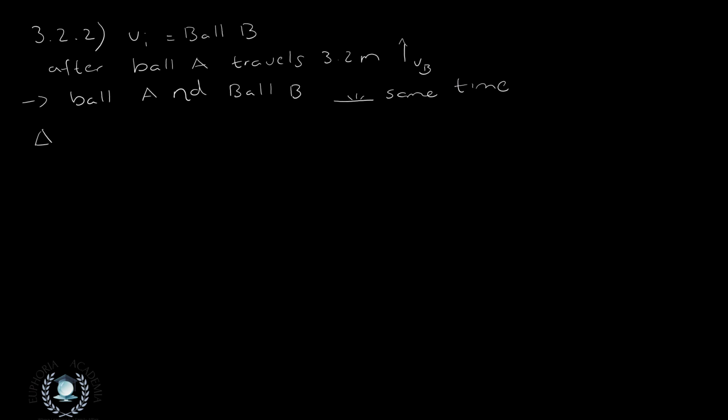So we're still going to use our delta y equal to vi delta t plus half of our acceleration multiplied by delta t squared. Now we're still taking downwards as positive. Our delta y is trying to find out how long it takes after ball A hits 3.2 meters.